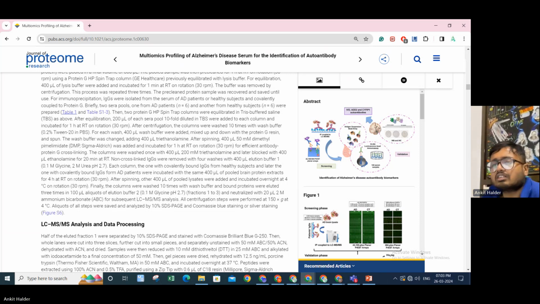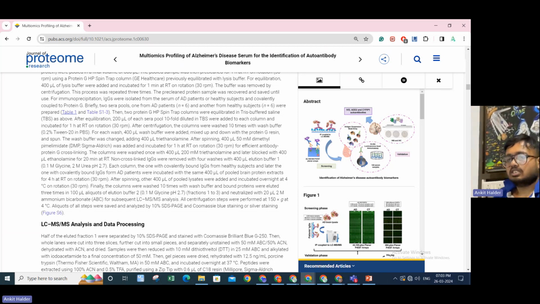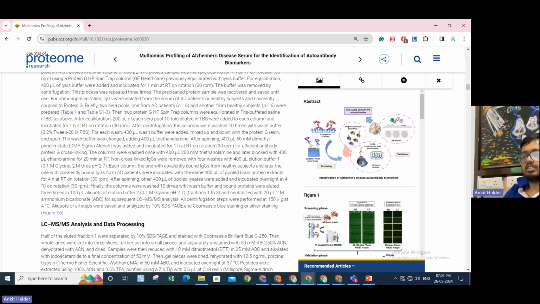Finally, the beads were washed with water three times and then neutralized, with ABC for subsequent digestion. All the centrifugation steps were performed, saved and analyzed by SDS-PAGE and Coomassie or silver staining.